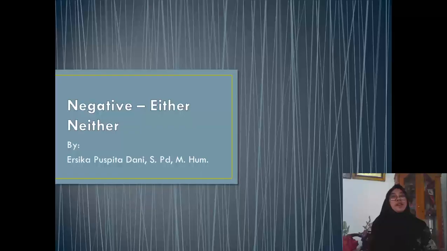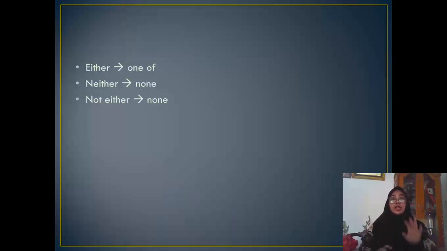Okay, as I said, our topic for today, we will discuss the use of negative either and neither. Let's see what either and neither are in this case. First of all, I would like to give an explanation to differentiate between the use of either and neither in a sentence.